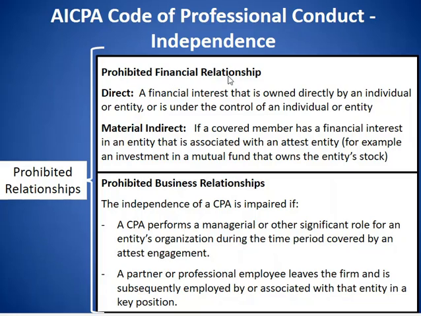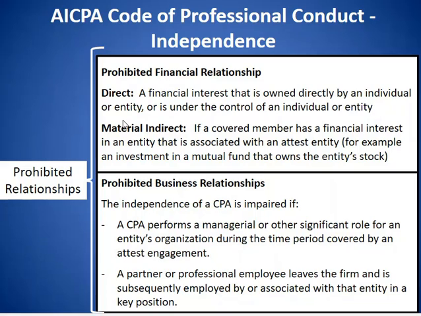Basically, prohibited financial relationships can happen if it's a direct relationship. And what that means is a financial interest that is owned directly by an individual or entity, or is under the control of the individual or entity. So that's a direct financial relationship.